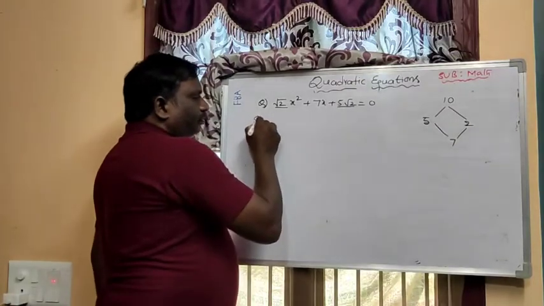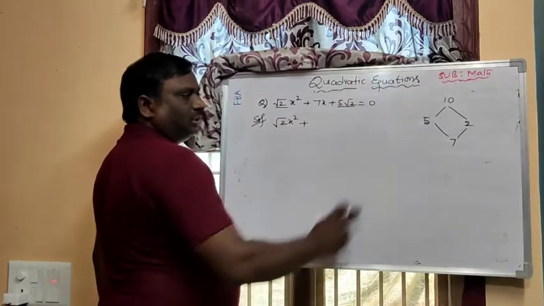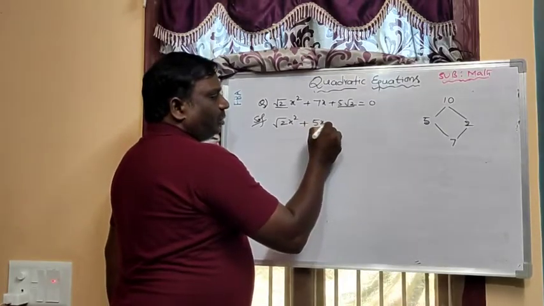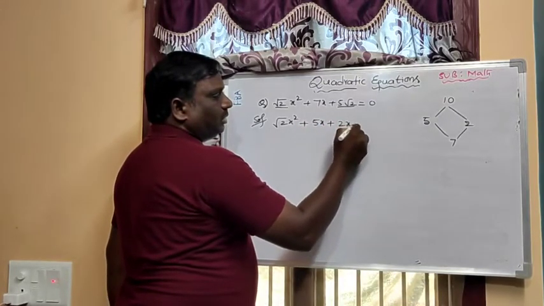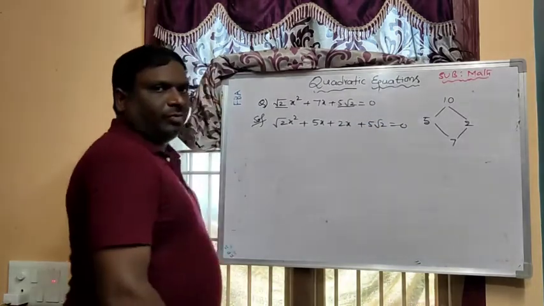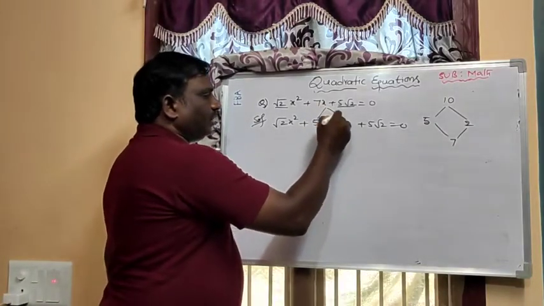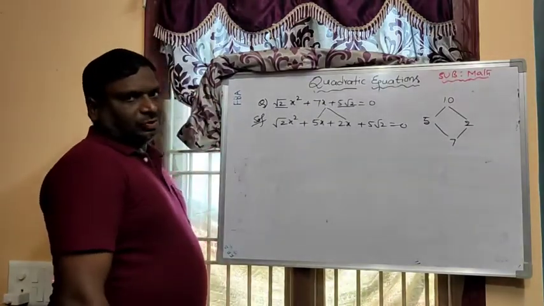Then I write root 2 x square plus 5x plus 2x plus 5 root 2 equal to 0. Here I split the middle term as 5x plus 2x.